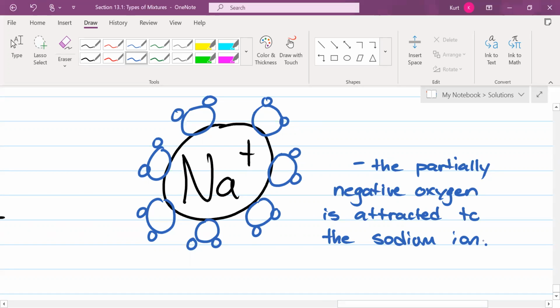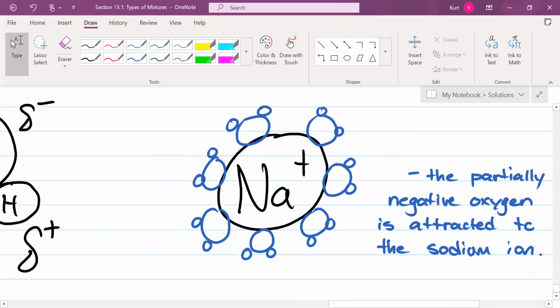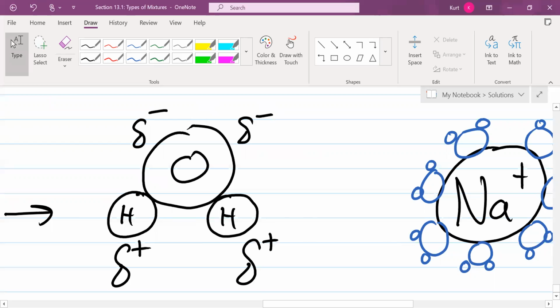Max, what is the partial charge of every oxygen atom in every water molecule ever? Okay, I just drew it over here, Max. This is oxygen. This is hydrogen.